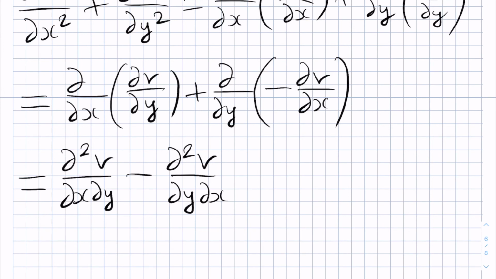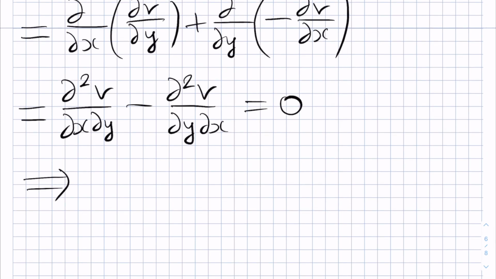This is equal to 0 because of the symmetry of mixed partial derivatives, as we discussed in the last video. Therefore, we have that u is harmonic.